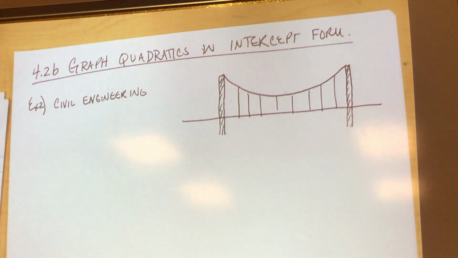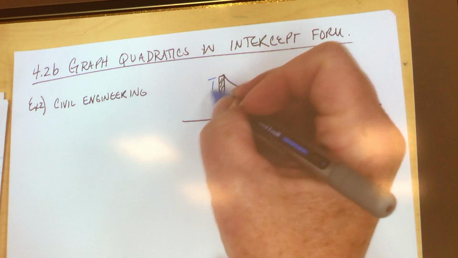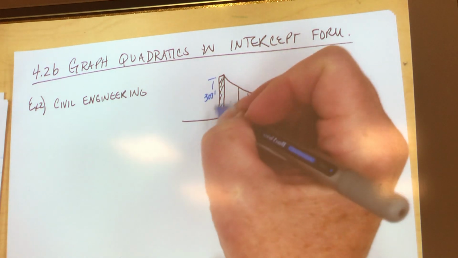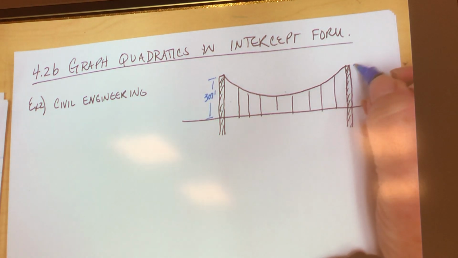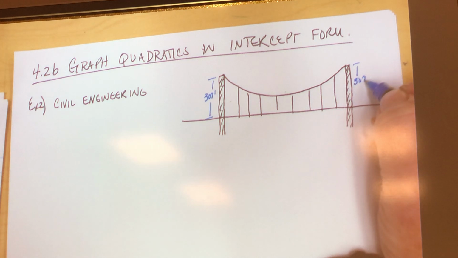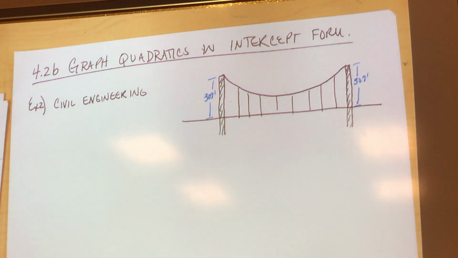Okay? It did tell me that the towers were 307 feet tall. So I am going to mark that on my picture. Okay? And it also says this. The cable can be modeled by this function.